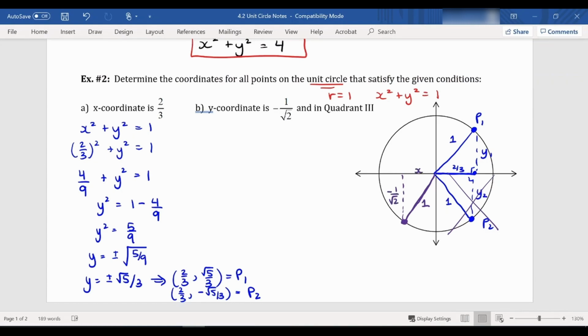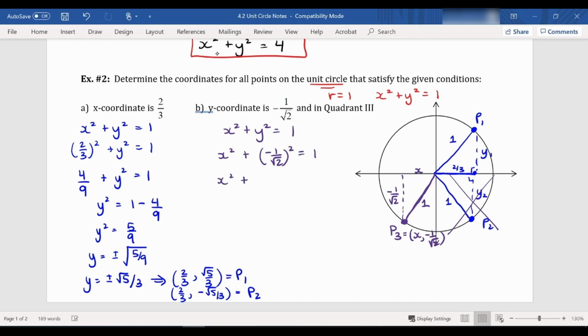coordinate. So I'm just going to call this P3 because we already used the other 2 points. So I know that P3 is going to be some x value, comma, negative 1 over root 2. So again, I know x squared plus y squared equals 1. I don't know x, so I'm still going to have x squared. I have negative 1 over root 2 squared as my y.